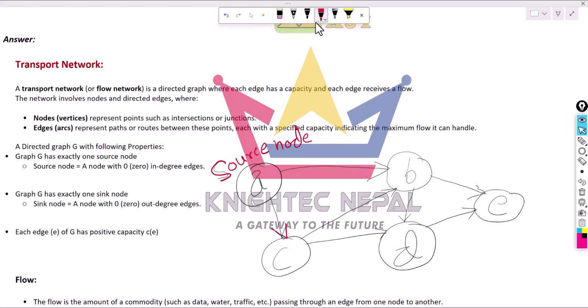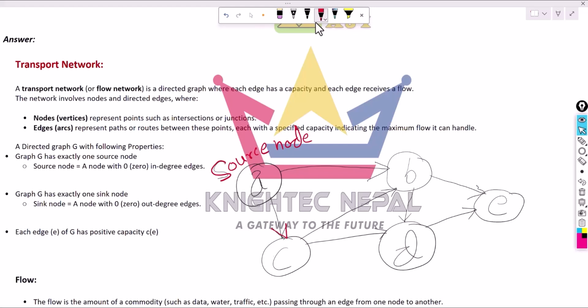So this is an intermediate node of this graph. Here B is also an intermediate node, neither a source node nor a sink or destination node. D also has incoming and outgoing edges, so D cannot be called a sink or source node.